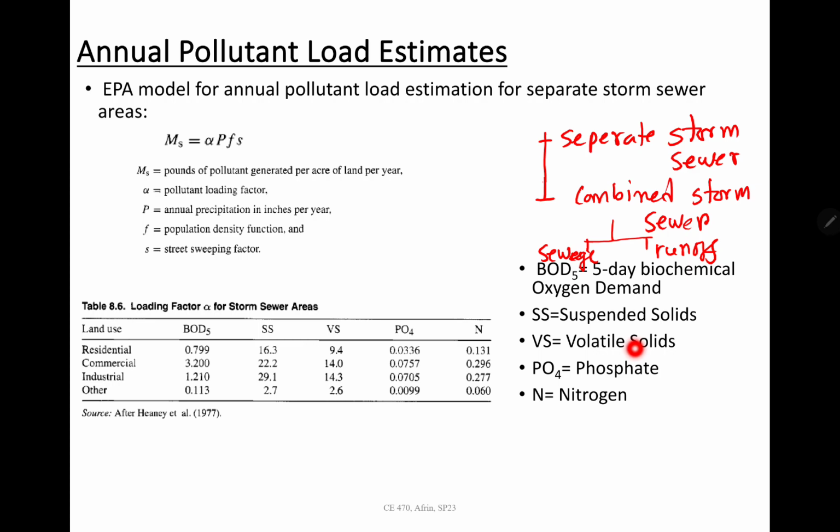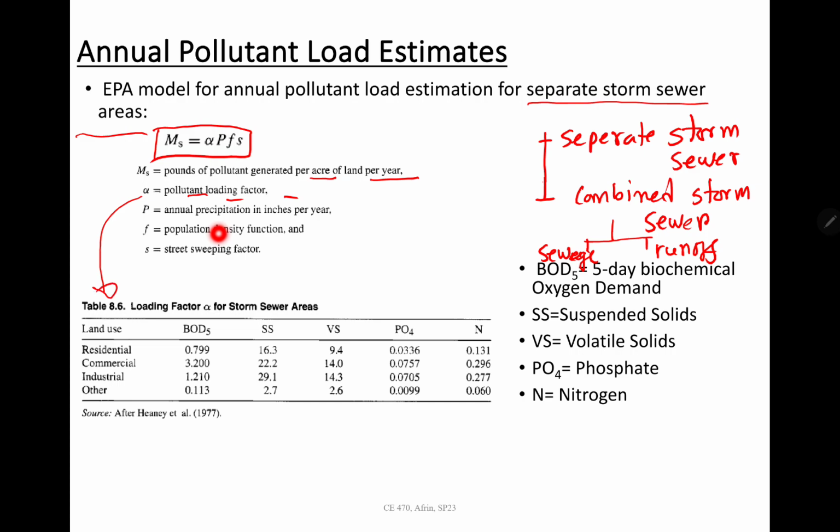Okay, so the EPA model, the Environmental Protection Agency, came up with this equation for separate storm sewer, and there is one more equation for combined storm sewer. M is the pounds of pollutant generated per acre of land per year. Alpha is the pollutant loading factor.